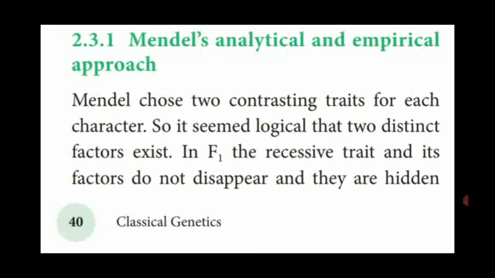It mentioned that a single gene expresses two distinct factors, that is, two distinct characters exist. Why he has written factors here: in Mendel's period there was no name for a gene. It was called a factor only. So each factor shows two contrasting traits or characters.